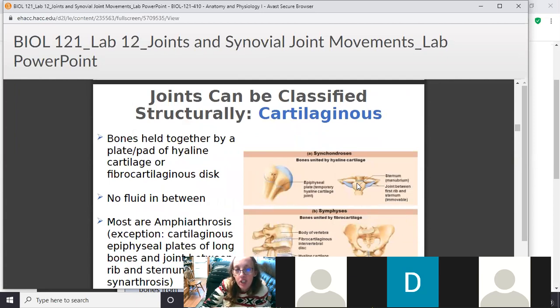Cartilaginous joints: bones held together by a pad of hyaline cartilage or a fibrocartilaginous disc. No fluid in between.